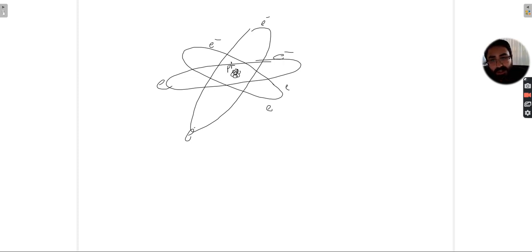You use P with the plus sign for protons, E with the negative for electrons, and N with a zero to show that there's no charge. It's neutral. This idea of the atom is what's next, and then there's the more modern idea of the atom after that, okay?